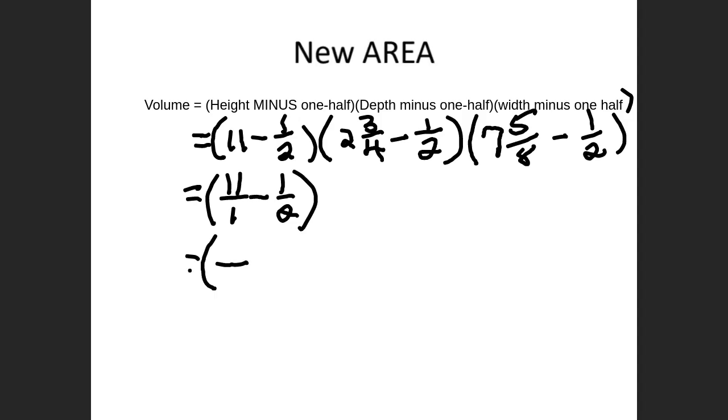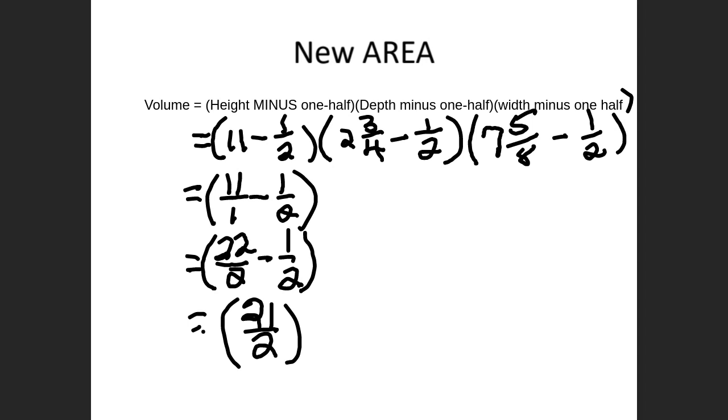I need a common denominator of 2. That means 11 is becoming 22 over 2 minus a half, which is giving me 21 over 2.